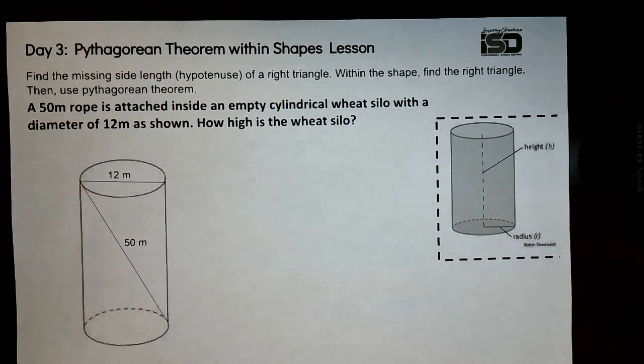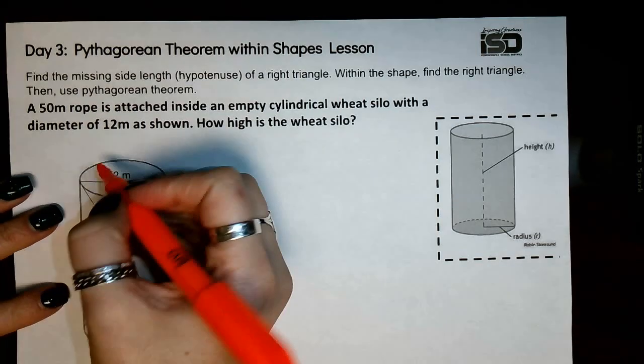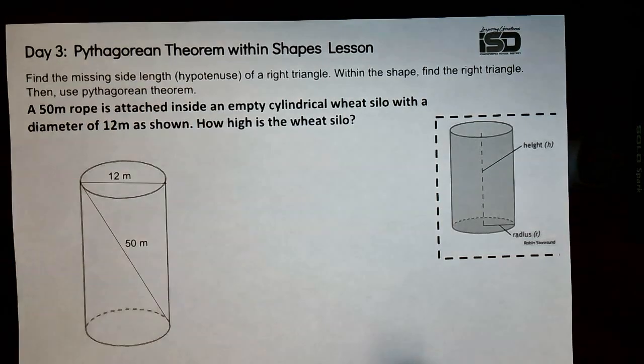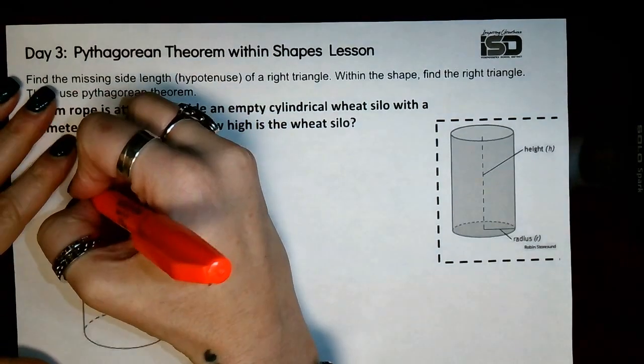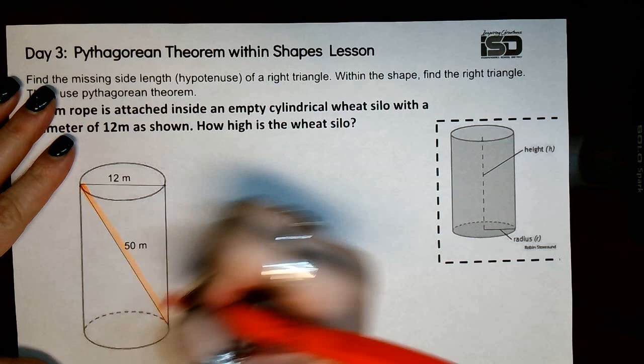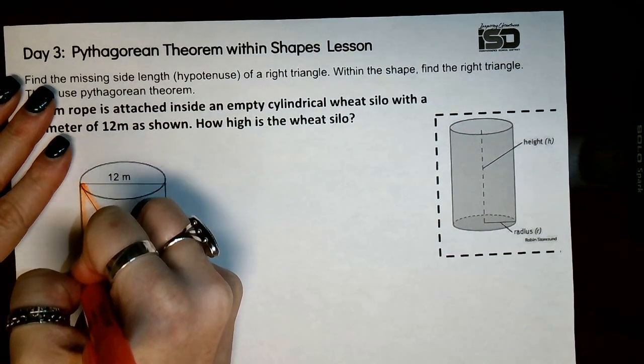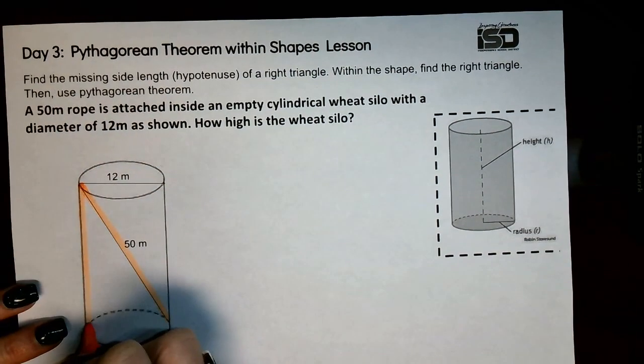We're going to go ahead and identify that right triangle inside here. This is similar to the one on your example page. So this right here is going to be your right triangle.